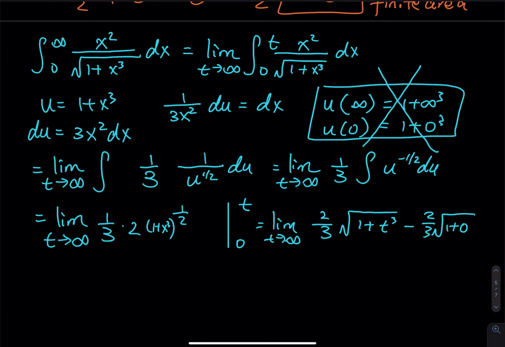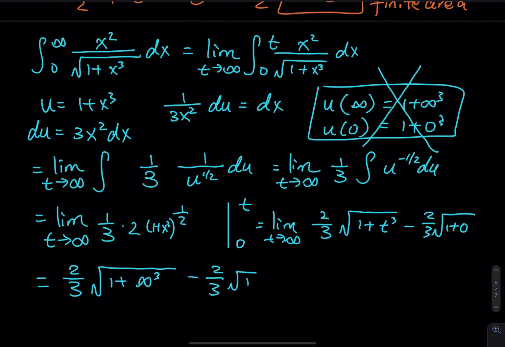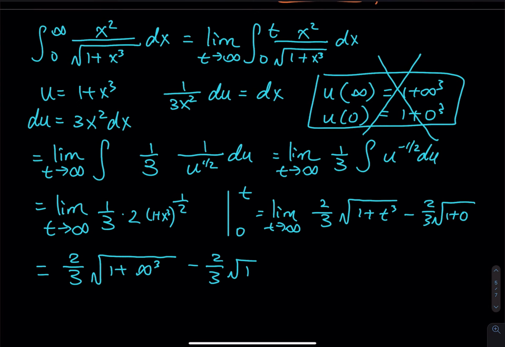And then you plug in the infinity. So you have 2 over 3, the square root of 1 plus infinity to the third power, minus 2 over 3, the square root of 1 is just equal to 1. So this one is the square root of infinity, which equals infinity.